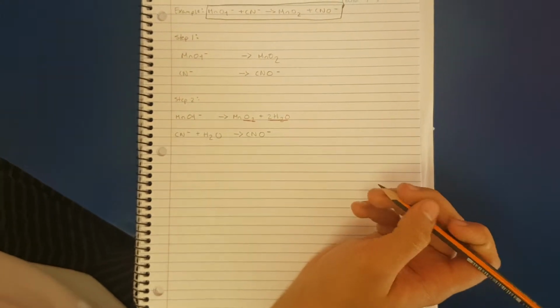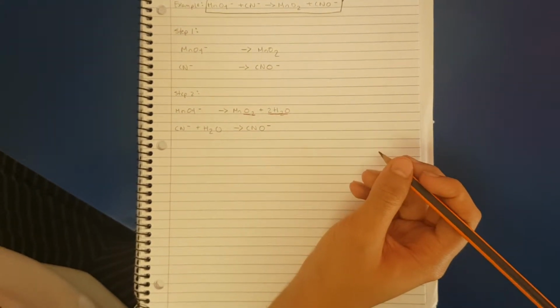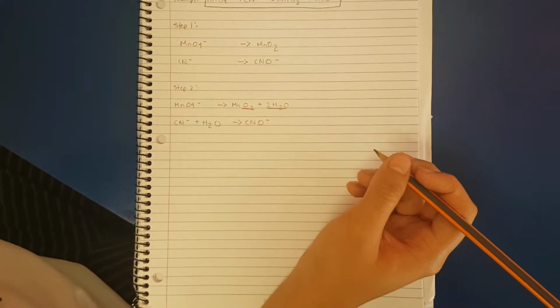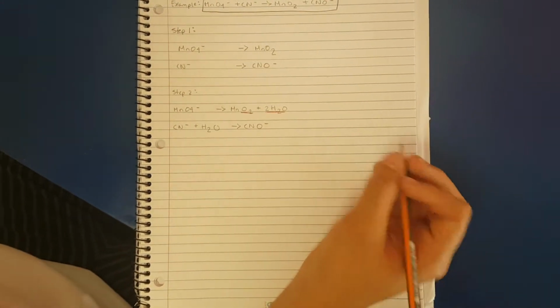Now what we've got to do for step 3 is balance the H by adding the H pluses.